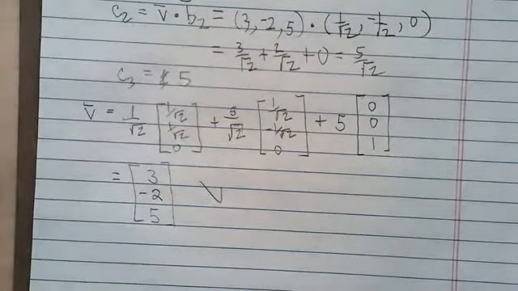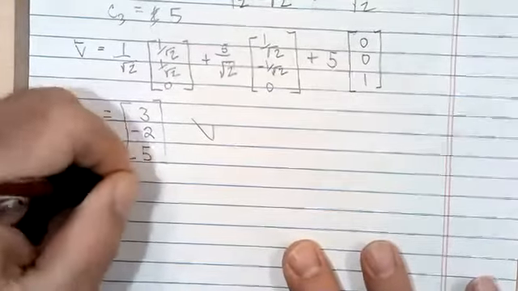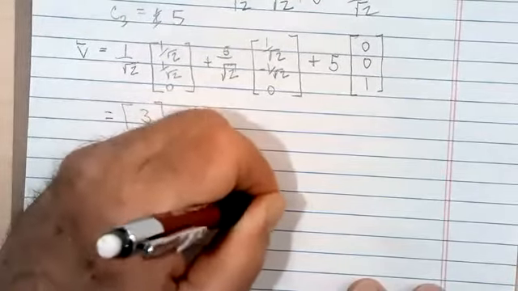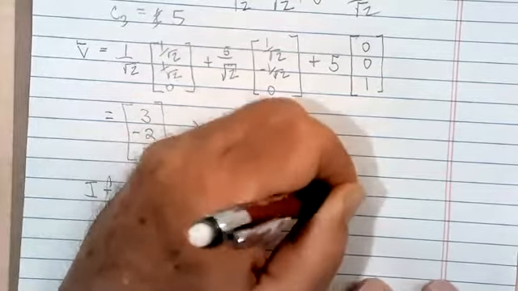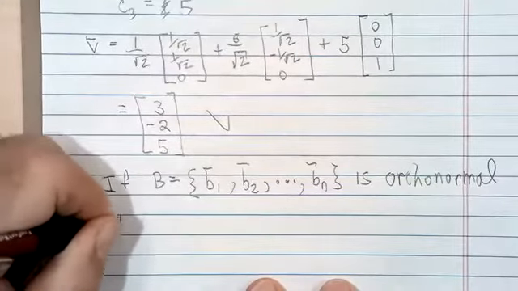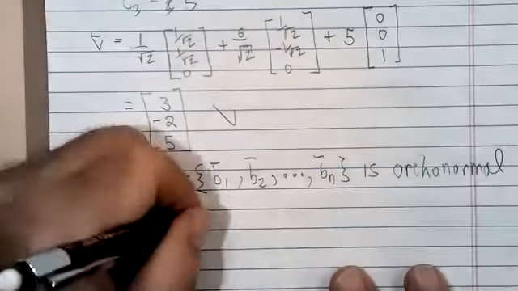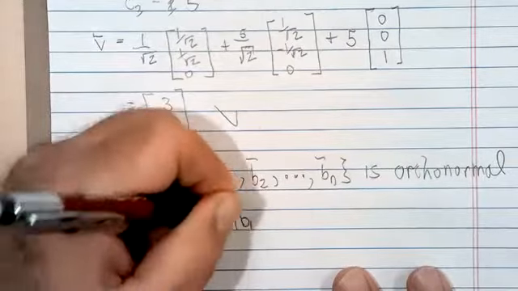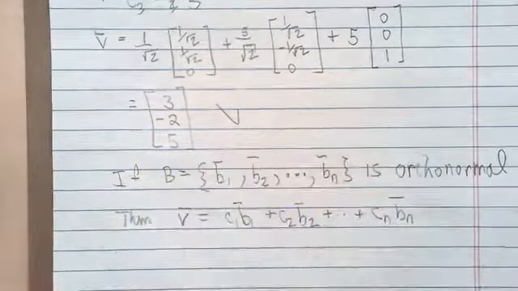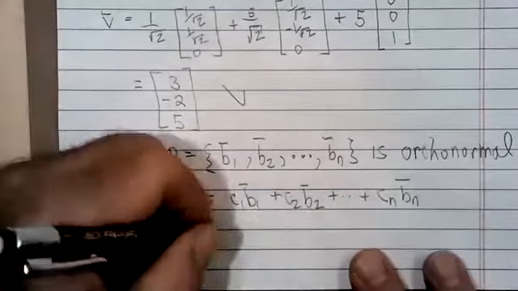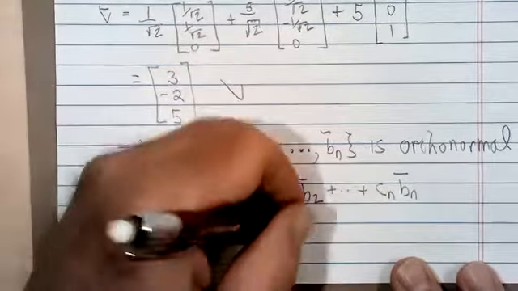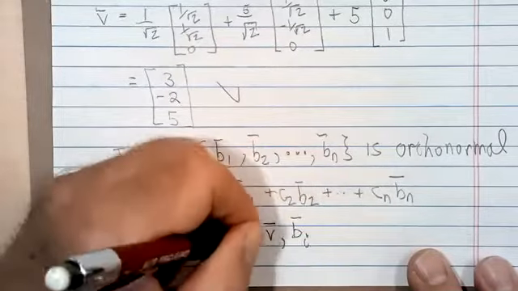So the theorem, the big idea, is this: if a basis for the space, b1, b2, through bn, is given, and you know it's orthonormal, then for any vector v in the space, you can write it as c1 b1 plus c2 b2, etc., plus cn bn, and we simply have a formula where ci is equal to the inner product of the vector v with the ith basis vector, and you are done.